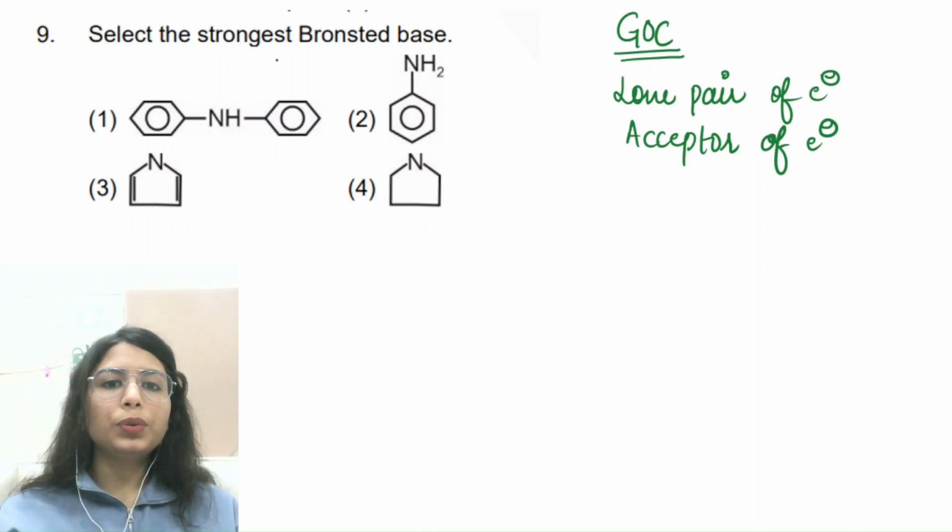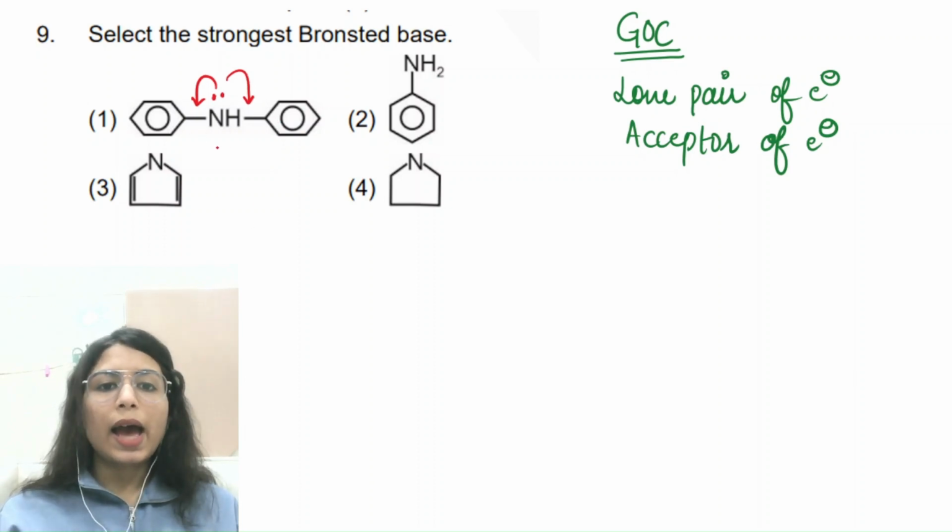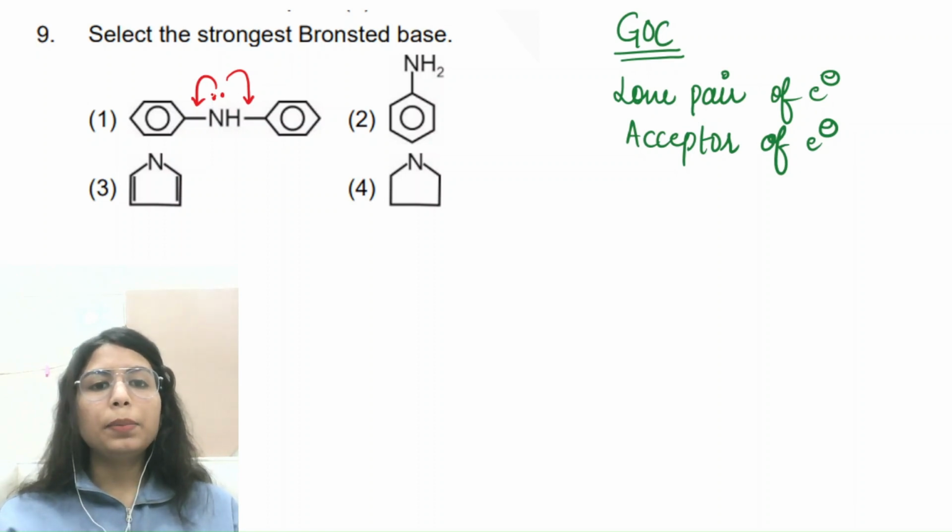How are you going to do that? If you see, this nitrogen is involved in resonance with 2 aromatic species, 2 cyclic rings, right? So this has the least electron density because the electrons are involved in resonance from both sides. Now in the second option, the lone pair on the nitrogen atom is involved in resonance with the benzene ring, so here also the electron density is reduced.